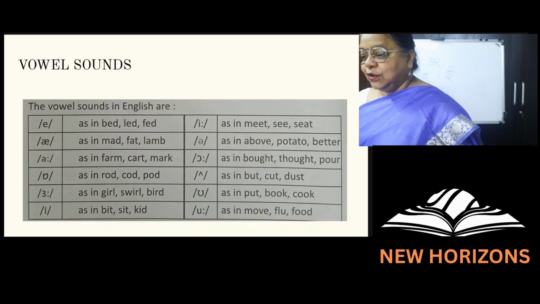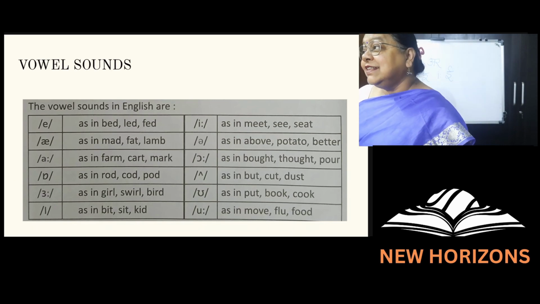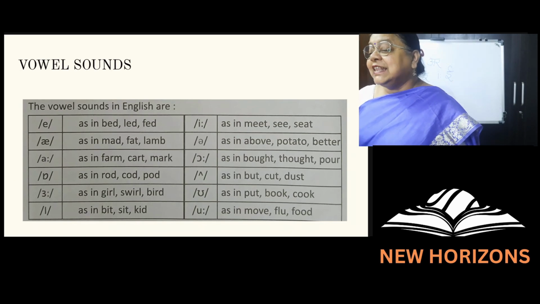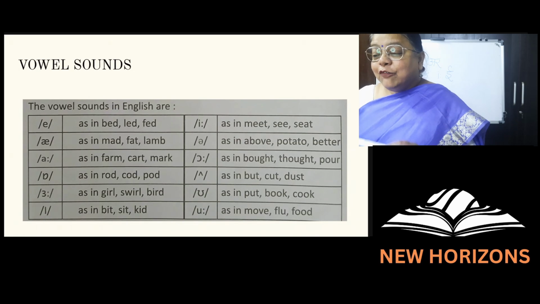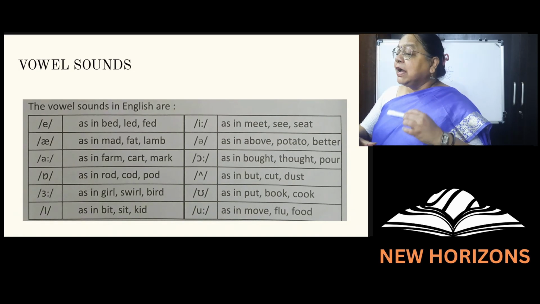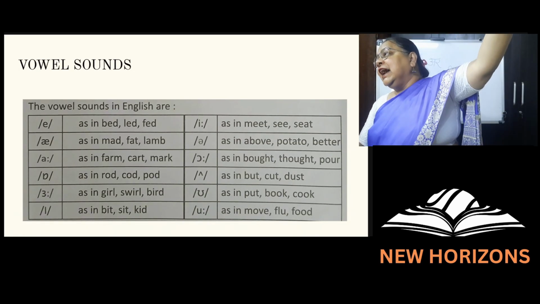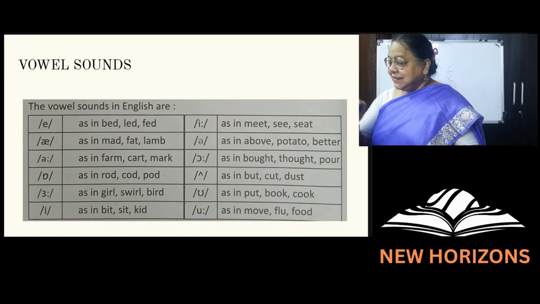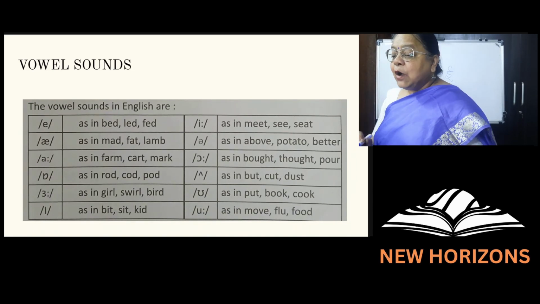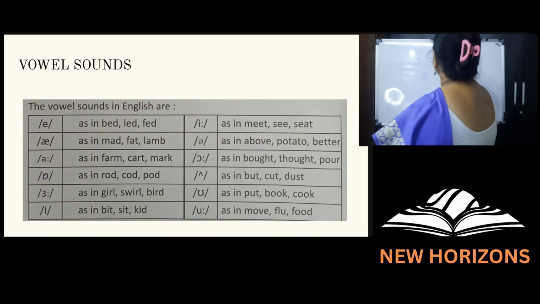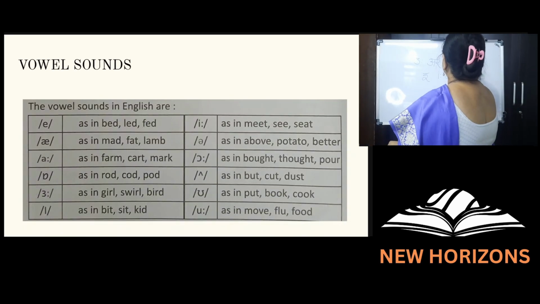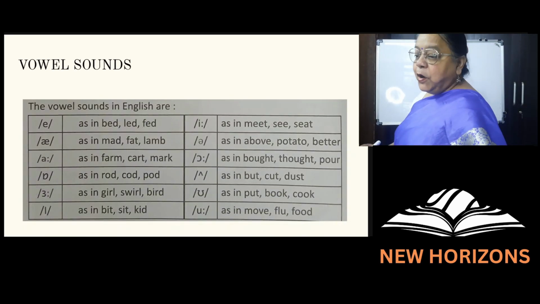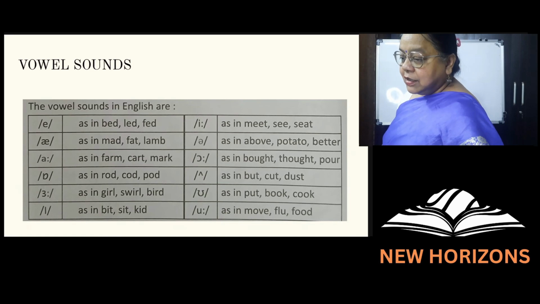Yeah, that is also great. But since you are in the senior section, you are being able to say that it is upside down omega. For a student of standard one, it will become very confusing who this omega is. Is it a person or is it a symbol? But making it easier, what sound is it giving? Chota u. U: put, book, cook.